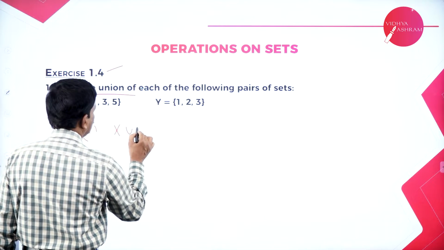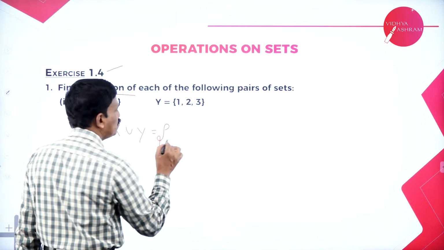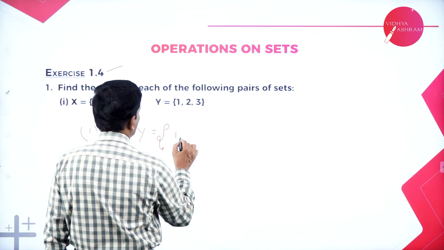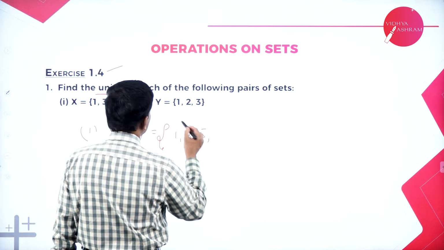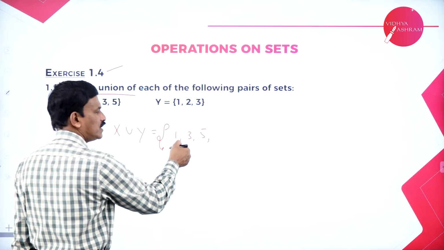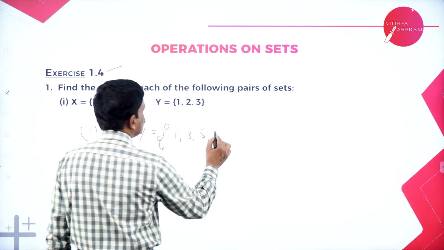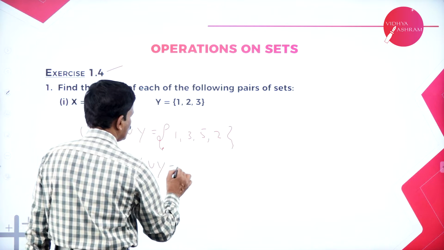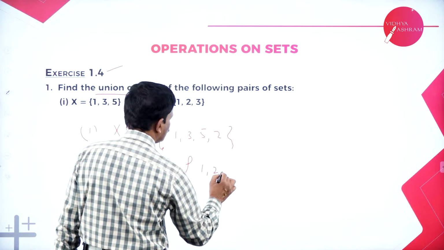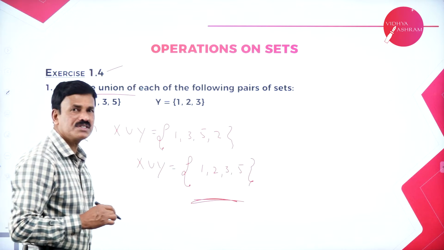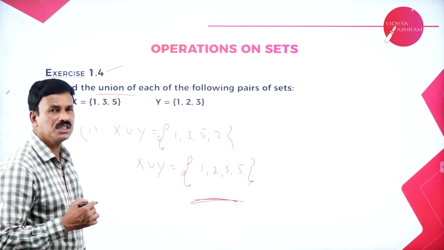X union Y is all the elements which are in X or in Y. X contains 1, 3 and 5, and Y contains 1, which is already written, 2 is not there, and 3 is also written. So X union Y is equal to {1, 2, 3, 5}.